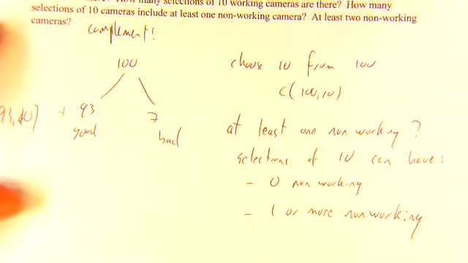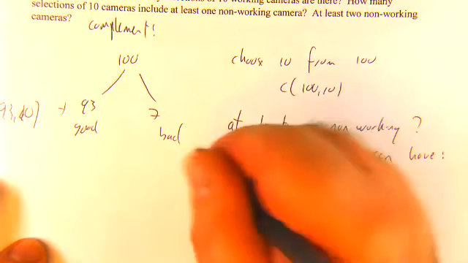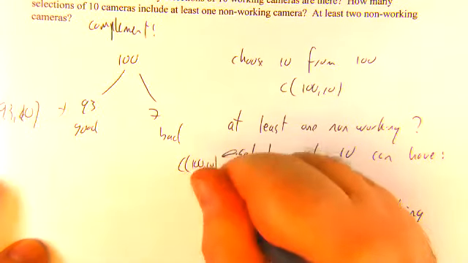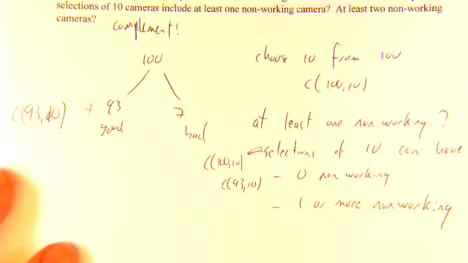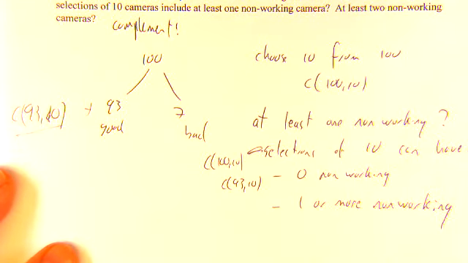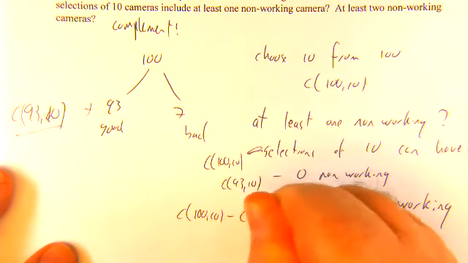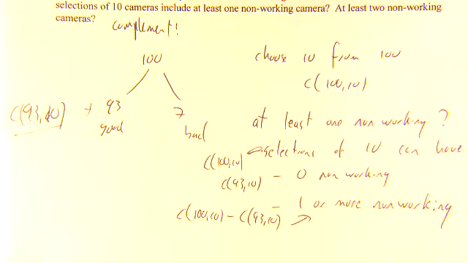If you think about selections of 10 cameras, there's 2 types of selections you can make. You can make ones that are all good cameras, or ones where some of them are bad. We know how many selections of 10 there are: C(100,10). We know how many contain no non-working ones. That's picking 10 good ones out of 93. So C(100,10) minus C(93,10) gives you the number that have 1 or more non-working.